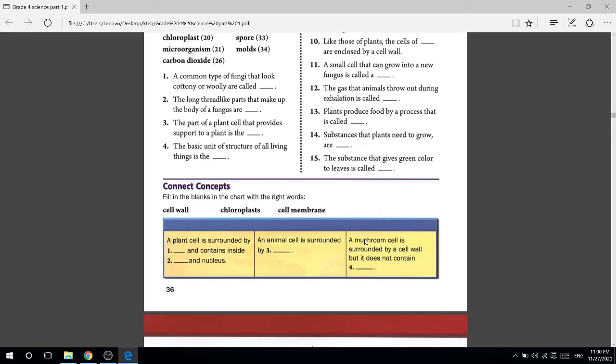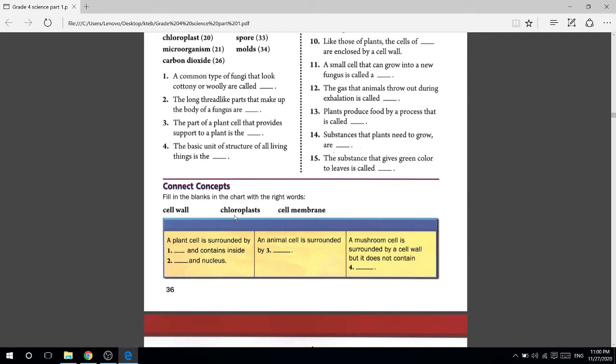A mushroom cell is surrounded by a cell wall, but does not contain what? A mushroom also has a cell wall, but does not have chloroplasts like a plant. Okay, students, be careful. A mushroom, a kind of fungi, has a cell wall, but does not contain a chloroplast.